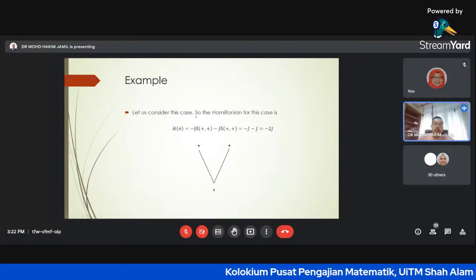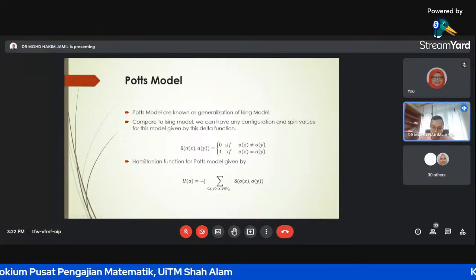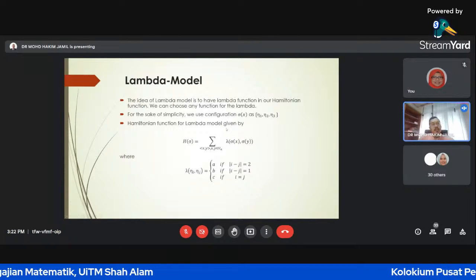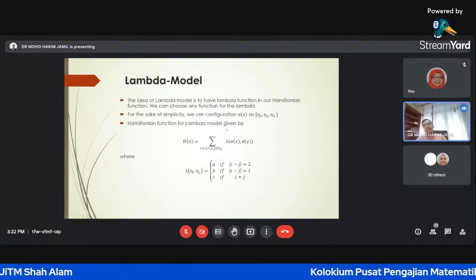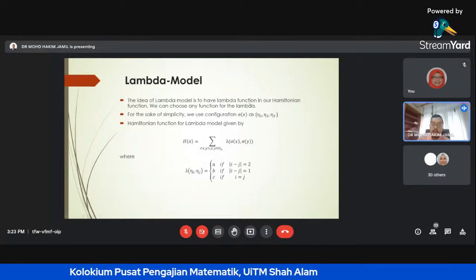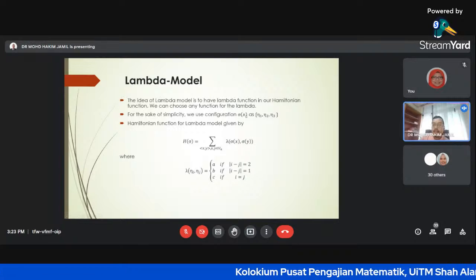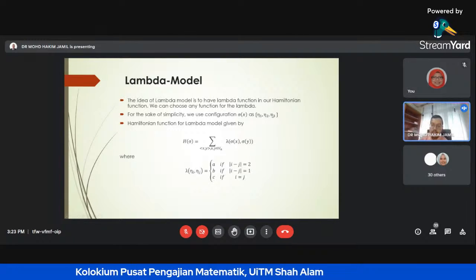Compared to the Potts model, where the interaction gives us 0 and 1, for the lambda model the idea is to have any function. For the sake of simplicity, we use the configuration sigma x as eta 1, eta 2, and eta 3.